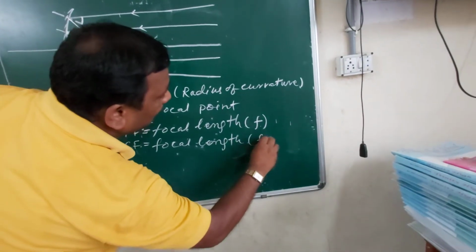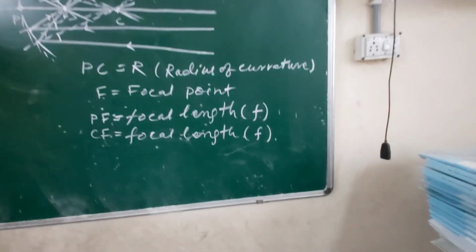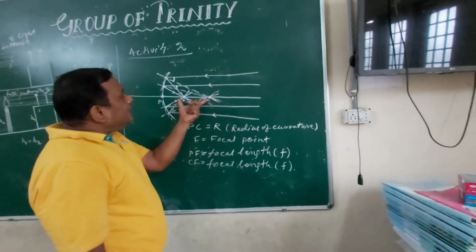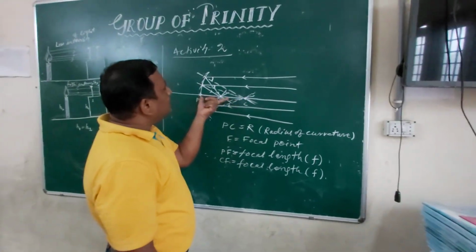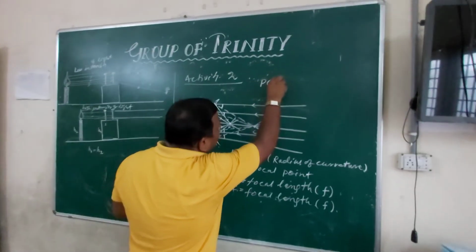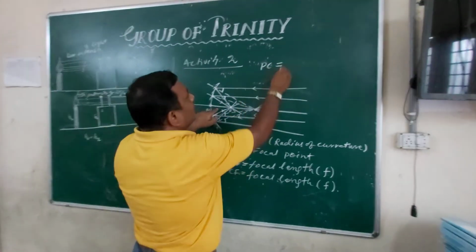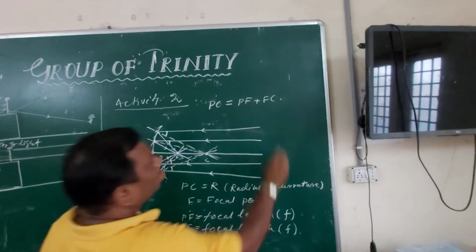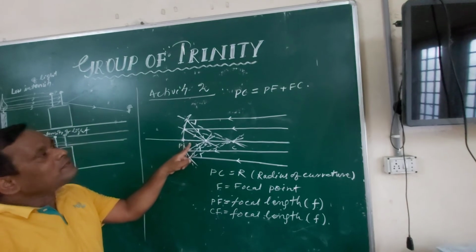So how can I represent it? With the help of F. Now you see, children, PC is the radius of curvature. So this PC is formed by the combination of PF plus FC. Clear? PF plus FC.